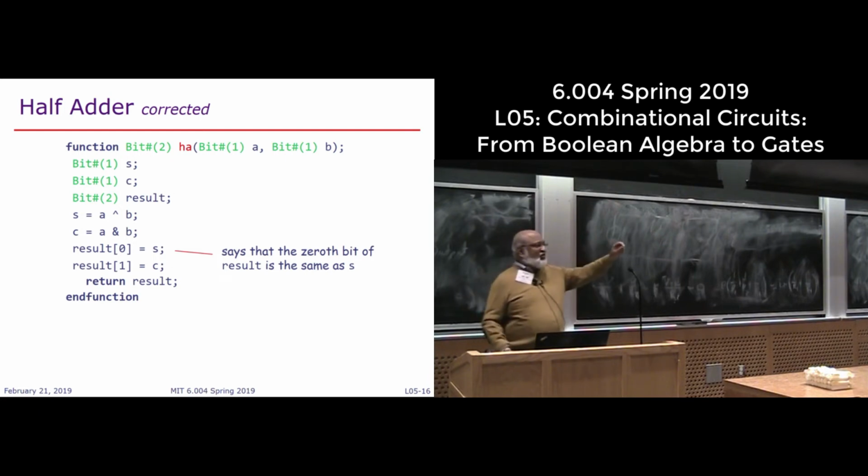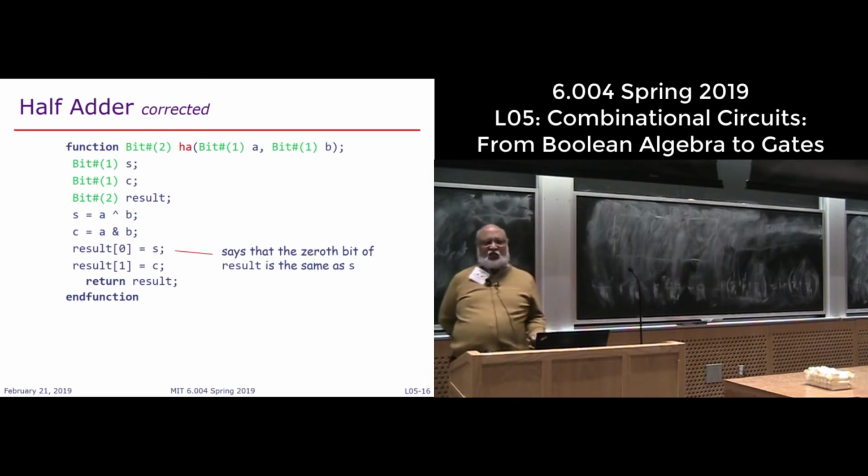Because S is the name of a wire. Some circuit is hanging off it. Its output is called S. And now I'm saying whatever result 0 is, it's also called S. Right? So that's what it does. And similarly, result 1. Okay, so once we have done that, this program has become legit.